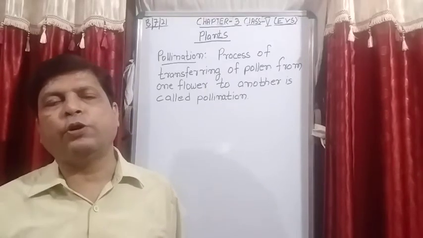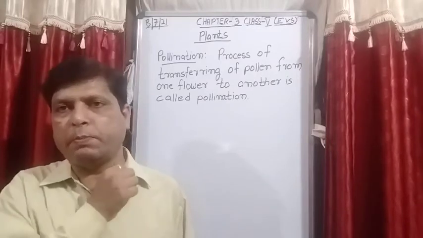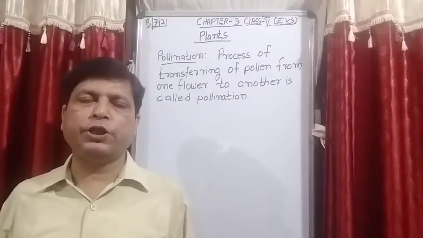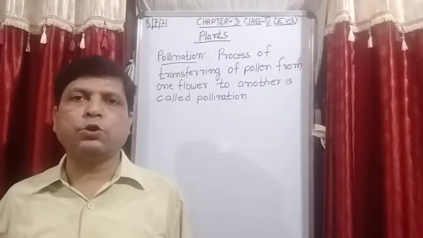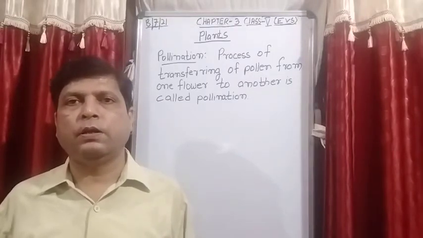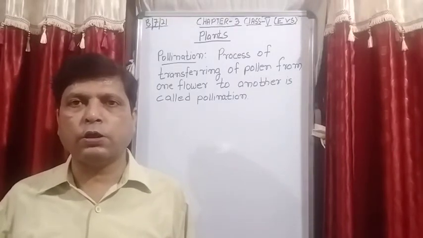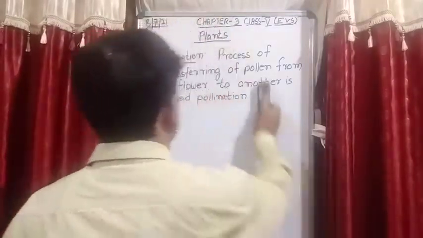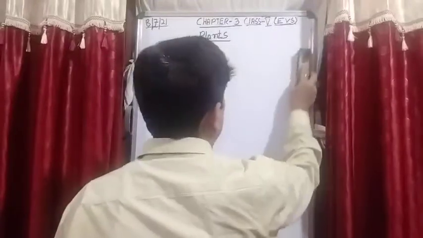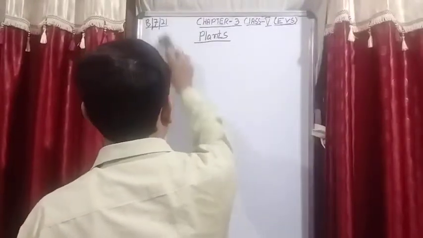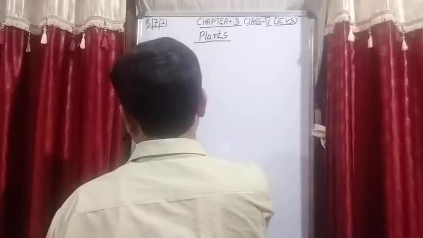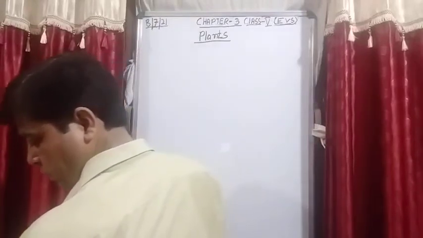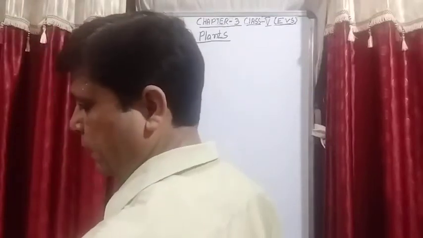Now the two important things I have to explain in pollination are the two types of pollination: self and cross pollination. I explained with the help of a diagram.